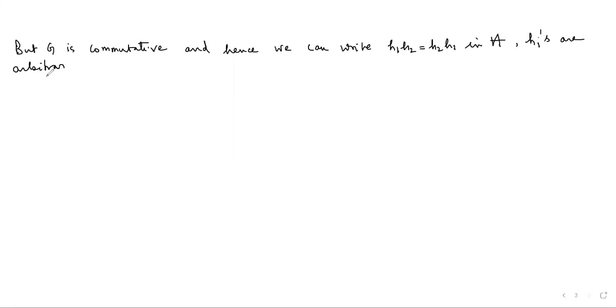I am dealing with h1 and h2. That doesn't mean that it is not true for any other h, which others can select. Any other can work with h3 and h4. Another person can work with h1 and h10. So that's why I'm writing here that the elements h_i are arbitrary.